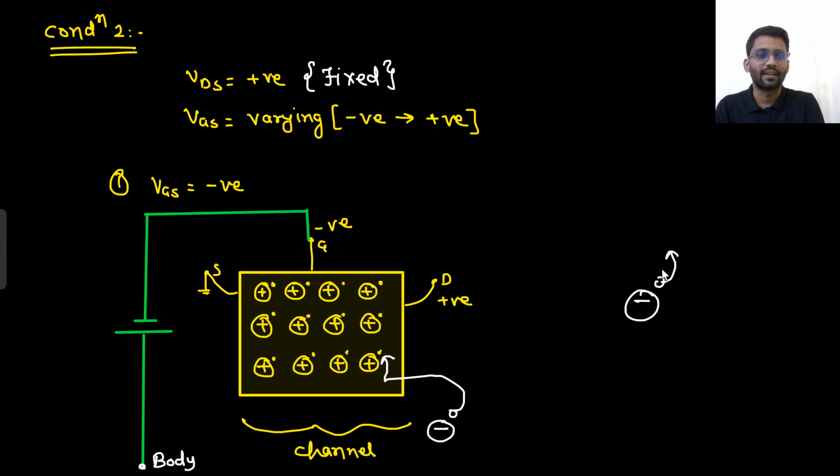That means there will be lesser current. So current is decreasing. Did you understand this point? Very simple. Negative potential is there. You can see that electrons are getting repelled. This is one phenomenon. Or the other phenomenon is that because of the positive supply, the holes are getting repelled and going into the channel. Because of that, the electrons are getting recombined and the channel is getting depleted of charge carriers. That's it.